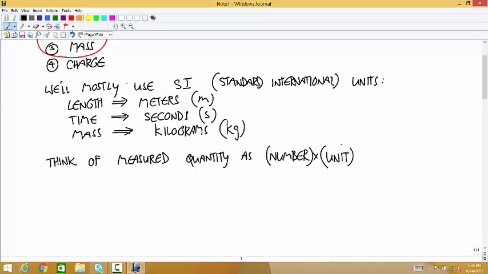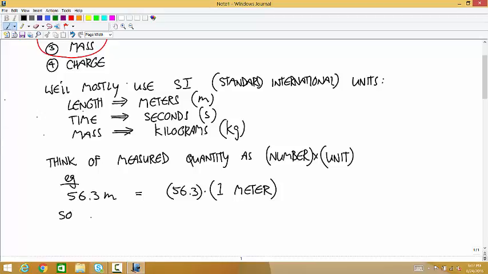For example, 56.3 meters. Think of that as the number 56.3 times this length of 1 meter. So you can just think of that m as being like an algebraic variable, and you're just multiplying a number by it.